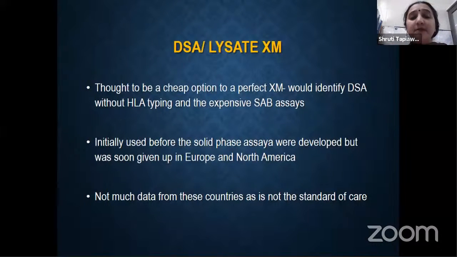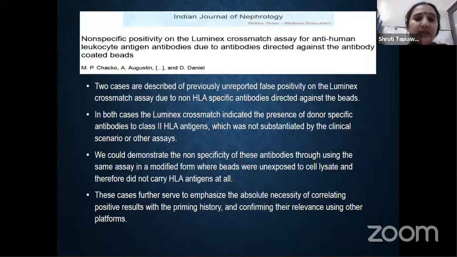There are papers from our country and from the South Asia region now which are saying that yes, this is a problem. There is not much literature from abroad because it is not a standard of care, and they had realized long back that this cross-match is not going to be feasible. In a few papers, cases have been discussed where anti-HLA antibodies were not found in the system, but the lysate cross-match came strongly positive.